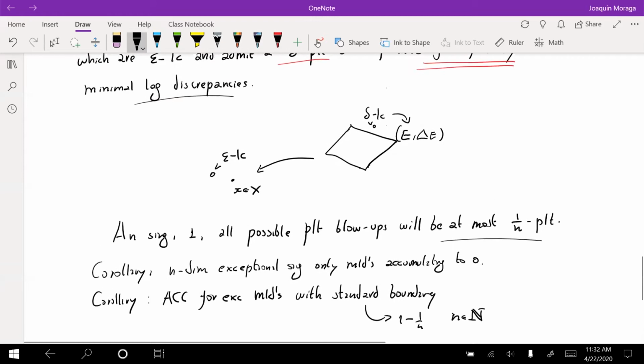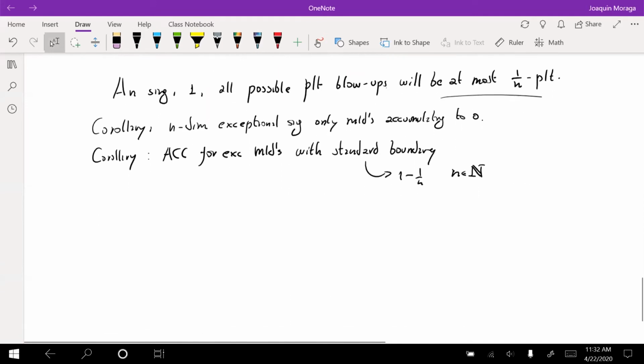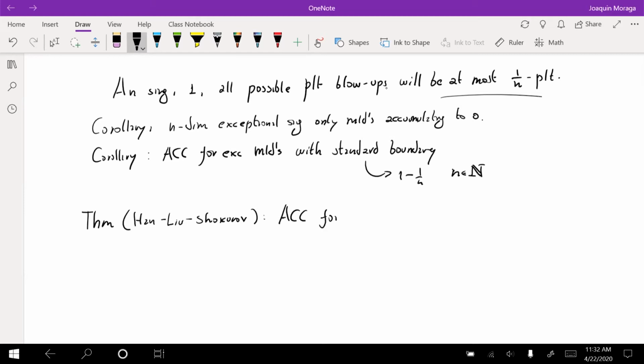And actually, when I posted this paper on arXiv, I got an email from Shokurov, in which he told me that he himself with Han, one of his postdocs, and Liu, a student in Utah, proved ACC for exceptional MLDs in the general case.